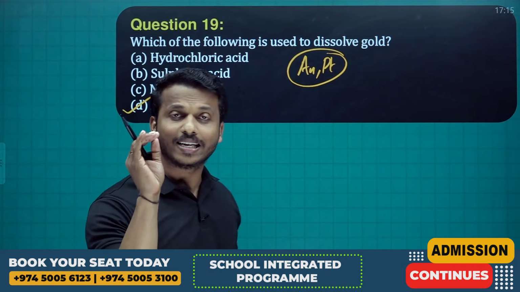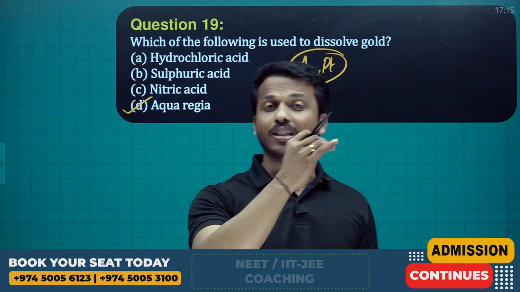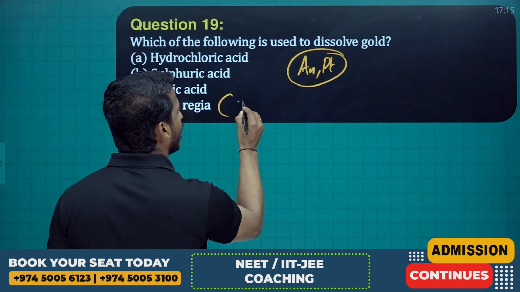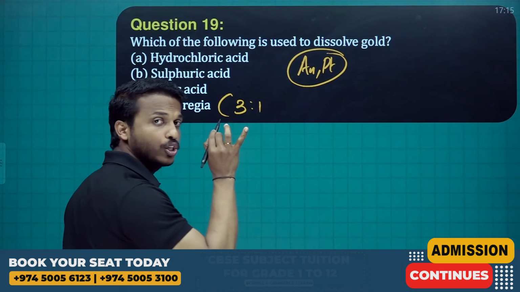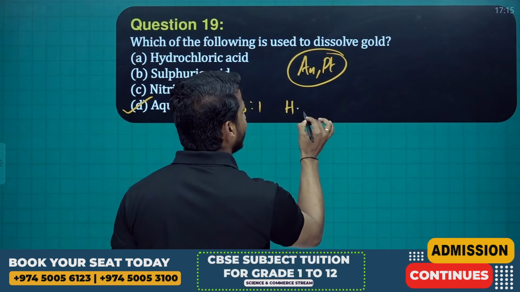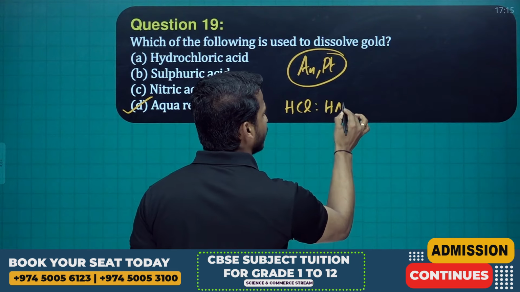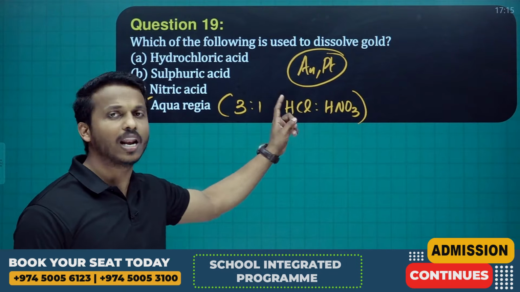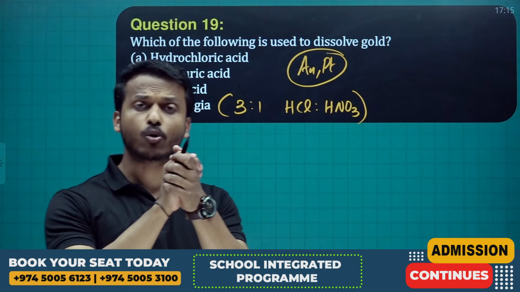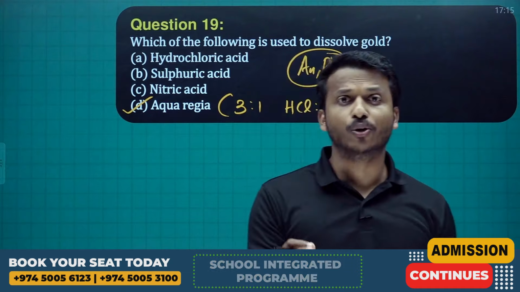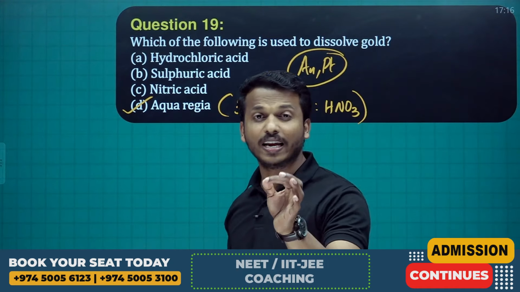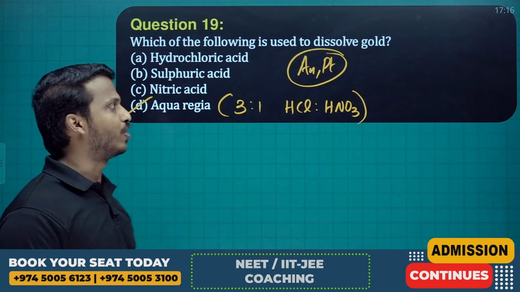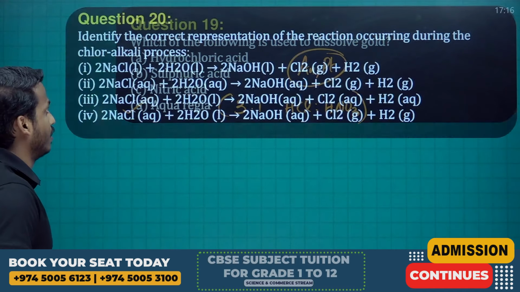Aqua regia is a 3:1 ratio of concentrated HCl and concentrated nitric acid, 3 HCl to 1 HNO3, which can dissolve metals like gold and platinum.